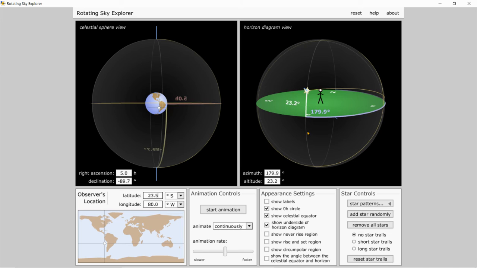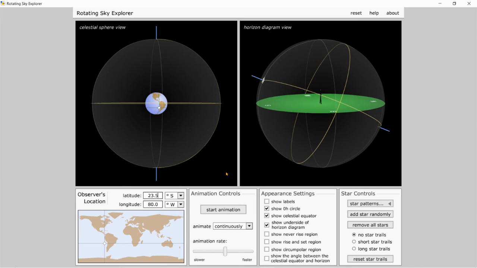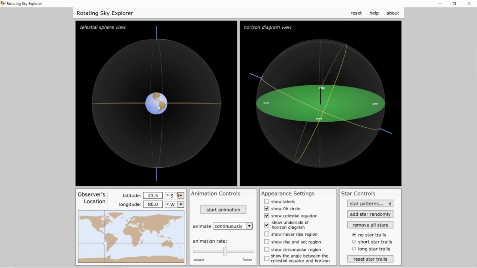And how do I know what the Tropic of Capricorn is? It is the farthest part south the sun travels in the ecliptic. So it's 23.5 degrees. Because remember, the ecliptic is off by 23.5 degrees, or the tilt of the Earth.